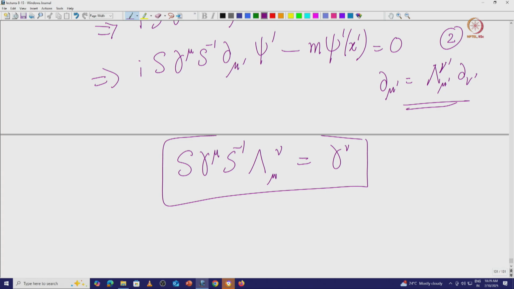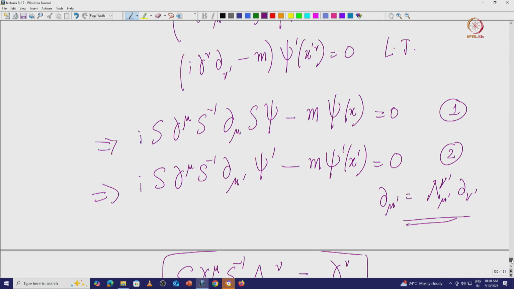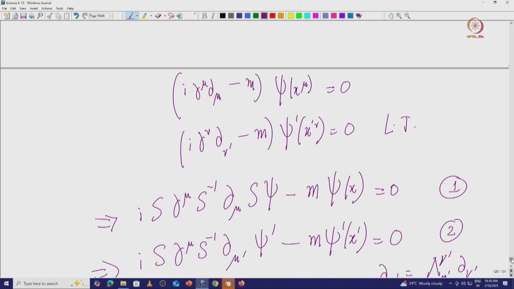Gammas are not four-component spinors; they are matrices, 4 by 4 matrices, and there are 4 of them. Under the Lorentz transformation they transform as S gamma^mu S inverse lambda^nu_mu, and only when this is equivalent to gamma^nu does the form of the Dirac equation remain invariant. What we want is the Lorentz-transformed version to remain the same as this one.